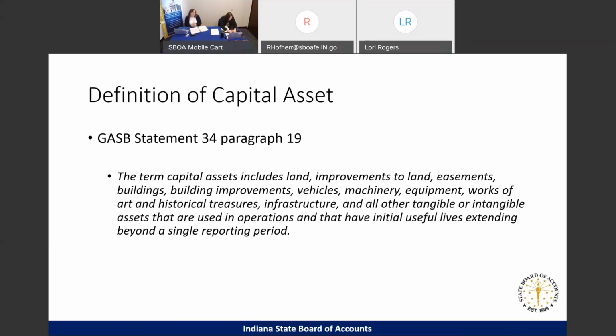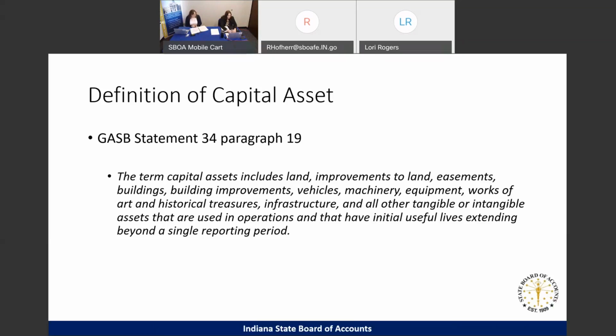For example, let's say you buy a new computer server and it costs you $15,000. So under regulatory, under cash basis, you would just expense that whole $15,000 in the first year. So you take that hit for that in the first year, and then you wouldn't show anything for the next 10 years. And then maybe you'd replace it and take that hit again.